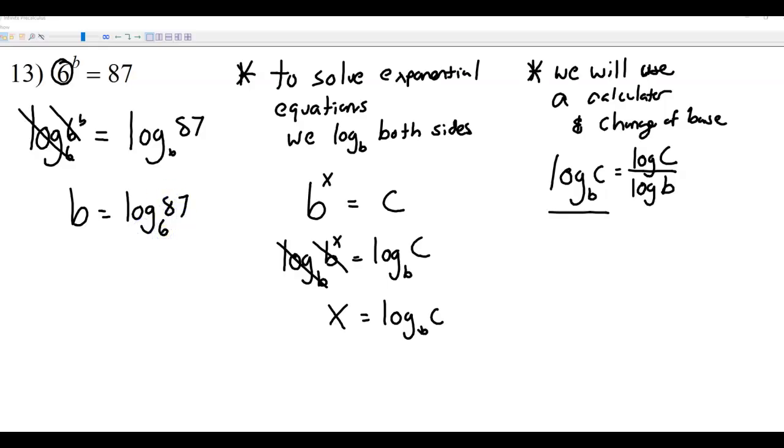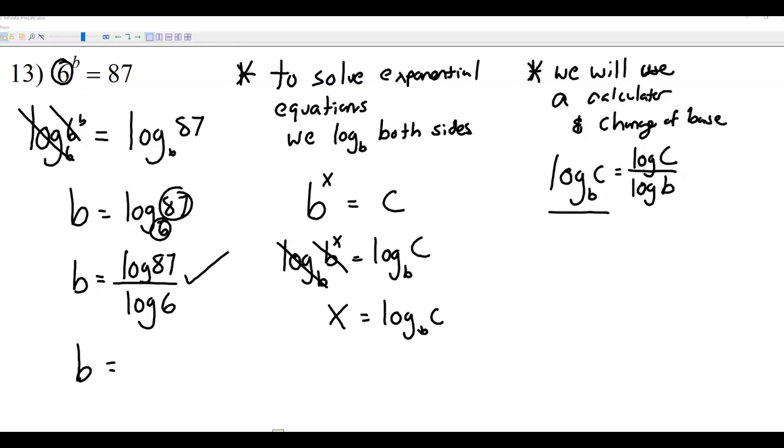Now, you could technically leave your answer that way, but we're going to be transforming these into decimal answers, and to do that, we're going to use our change of base. So I'm going to use log base 10 on the top and bottom of a fraction. This number goes on the top, and this number goes on the bottom. And from here, you're just going to type that into your calculator to get your final answer. So let's go ahead and do that.